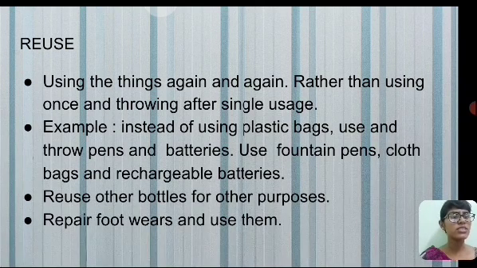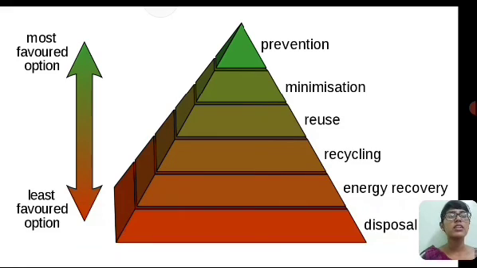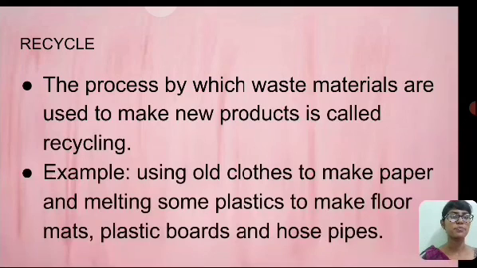And instead of using normal batteries, we can use rechargeable batteries. And we can reuse bottles for other purposes, and also repair our own footwear and use it instead of just throwing it away. This is the pyramid in which we can see the most favored option and the least favored option, which is also given in your reader.